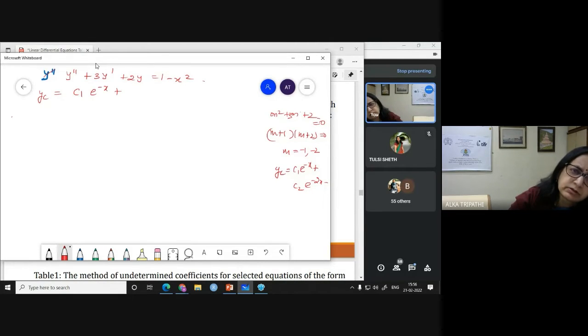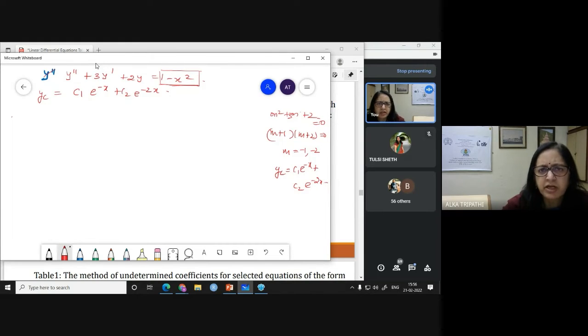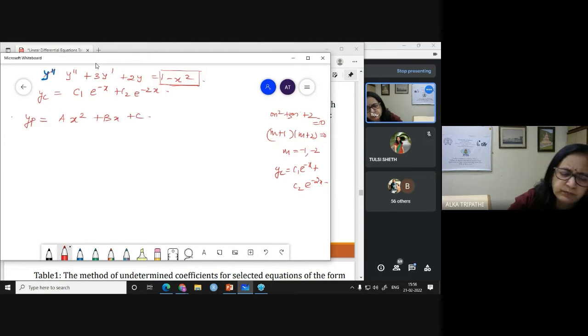Now for finding yp, we will assume a trial function. It depends on my RHS value, and you can see it is a polynomial of second degree. So I will assume that my yp is a polynomial of second degree, which is ax square plus bx plus c.